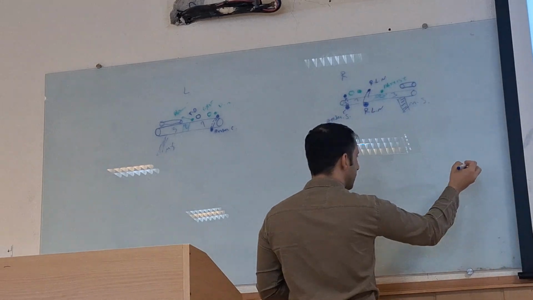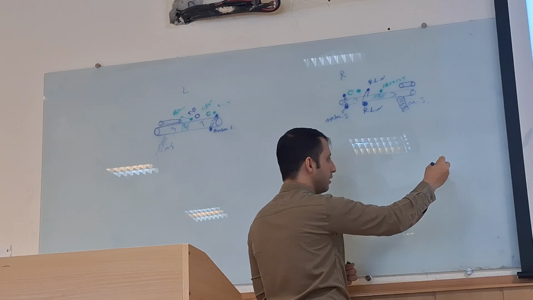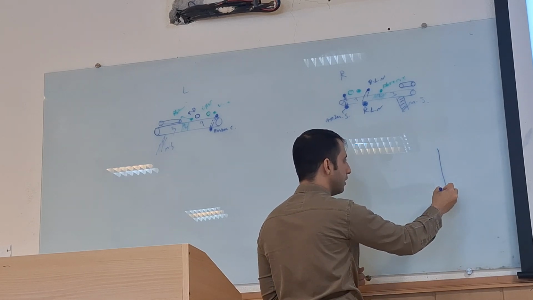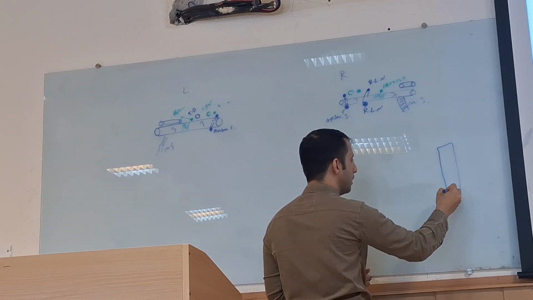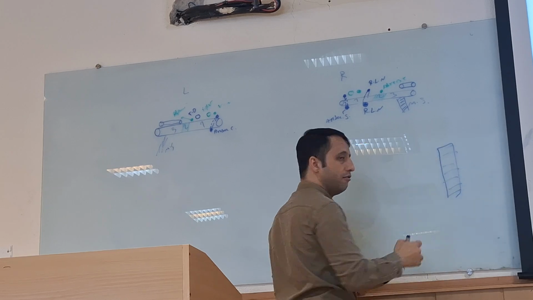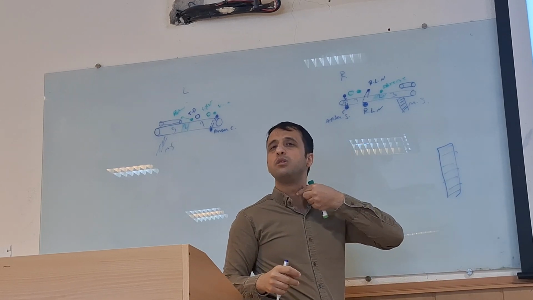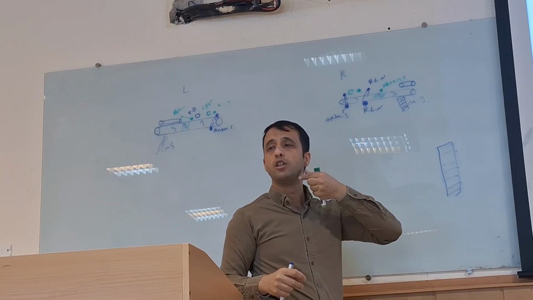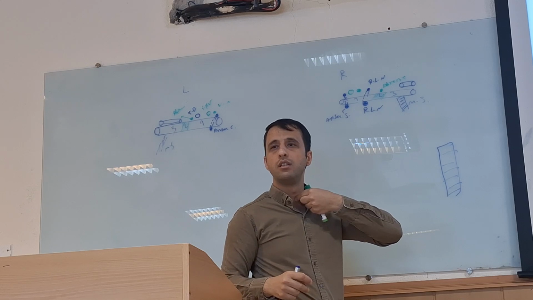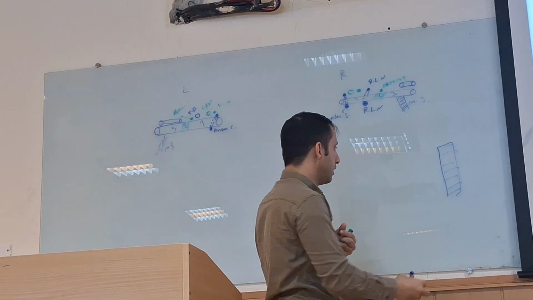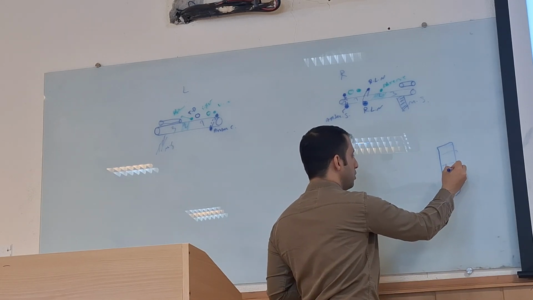Okay? Here, I have a muscle which is located anterior to the body of the cervical vertebra. Longus coli. Okay? Longus coli.